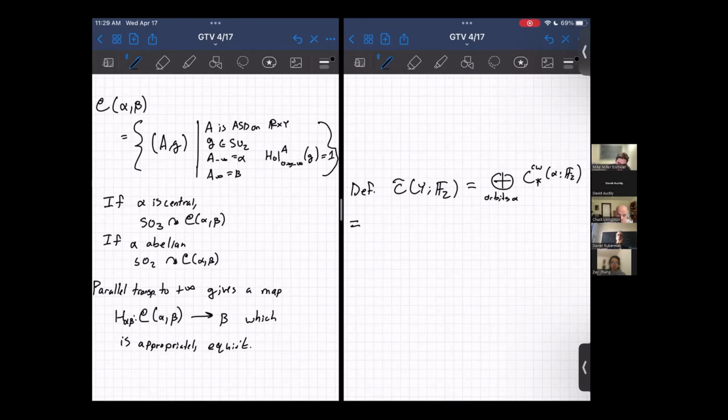So if I decompose this into the orbit types, I have an F associated to the trivial connection theta. I have a lambda of chi2 associated to each abelian alpha.